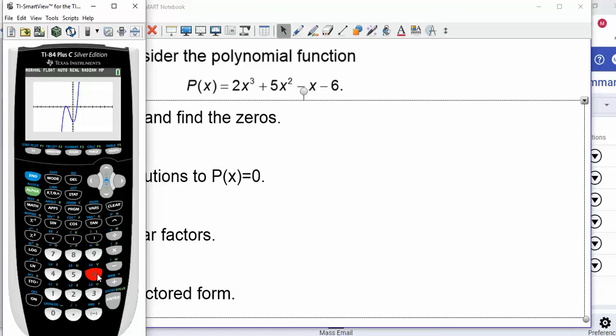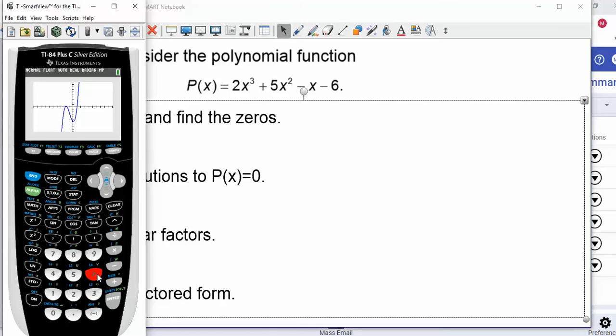Okay, so if I look at this one, how many zeros does it appear to have? 2. But one of them, you notice your graph hits and bounces off of. So what does that mean? It has a multiplicity of 2 if it bounces. Okay.